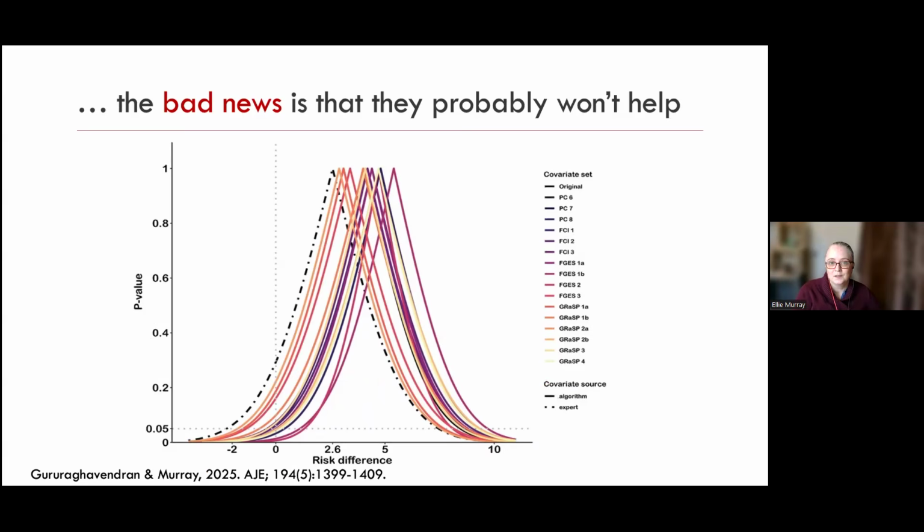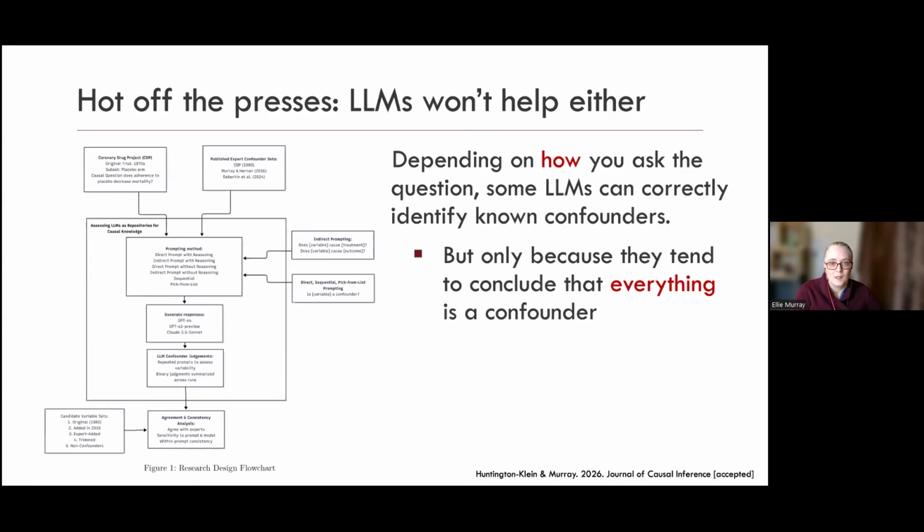And you can see that if you were doing this for something where there's a true effect, it could be very difficult to know which of those to choose. So it probably won't help you. And then this one is very hot off the presses, coming out soon in Journal of Causal Inference. We also asked whether LLMs could help you identify your confounders.